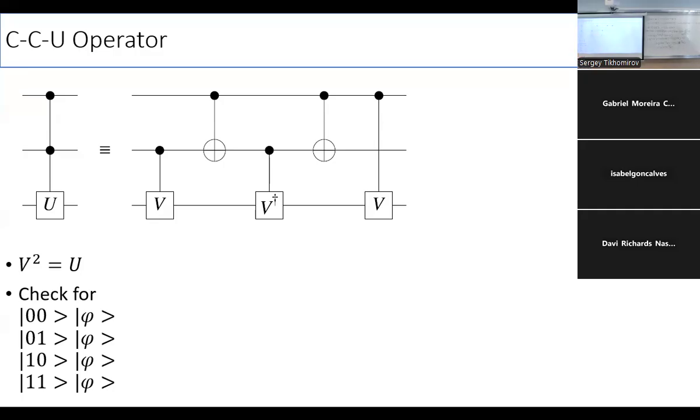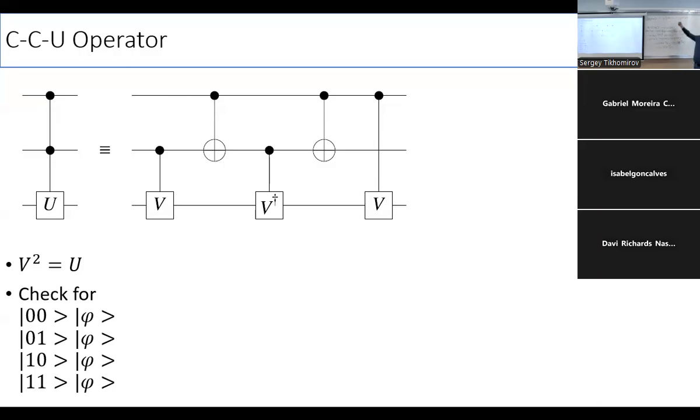Let us first make a straightforward calculation, and after this, let's try to see why it is correct, not with all the calculations which were done here. Let us see how it acts. It acts on 1, 1, phi. This controlled V takes it to 1, 1, V phi. Controlled not, applying the first one, makes it 1, 0, V phi.